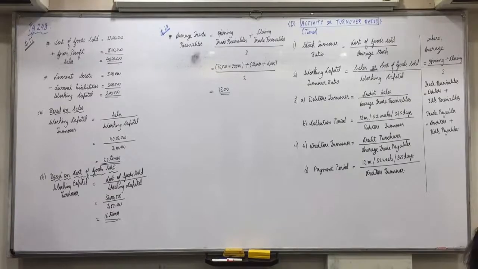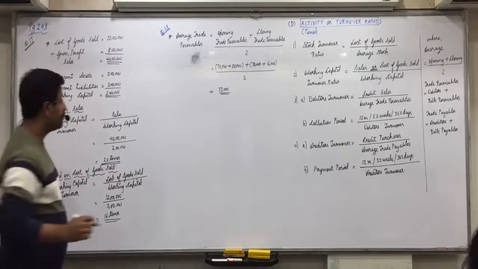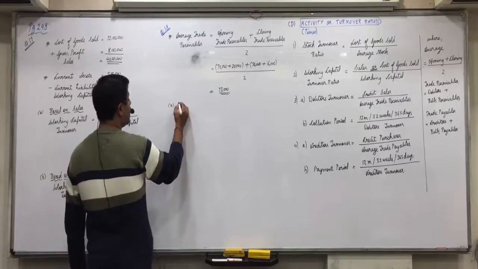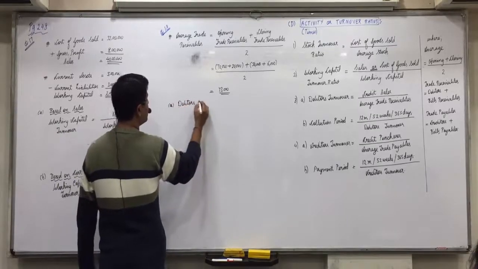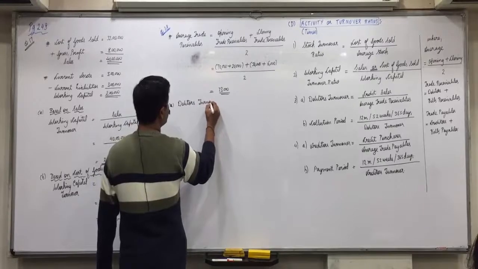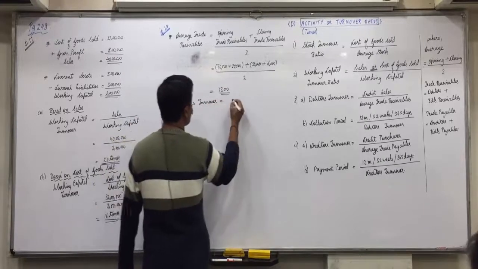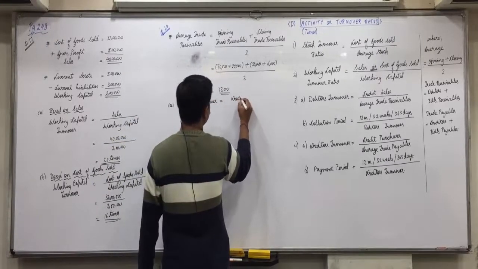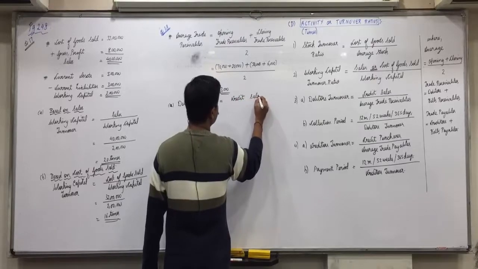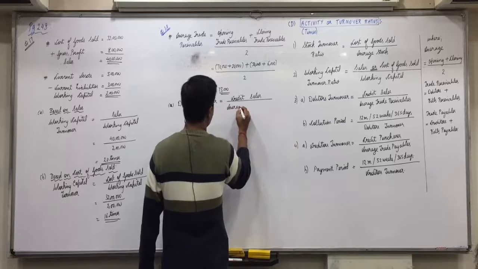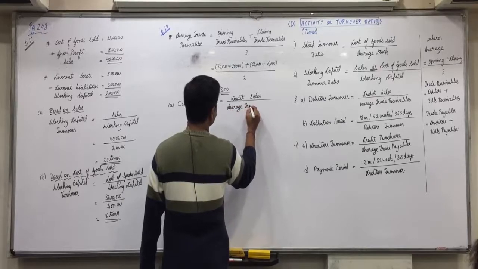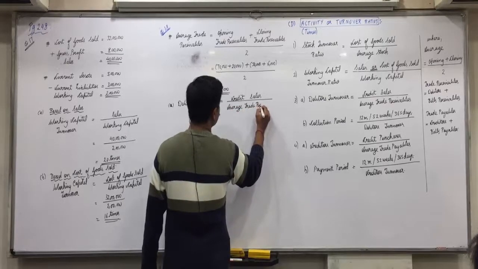Credit sales is directly given, so we apply the formula now. First, debtors turnover is equal to credit sales divided by average trade receivables.